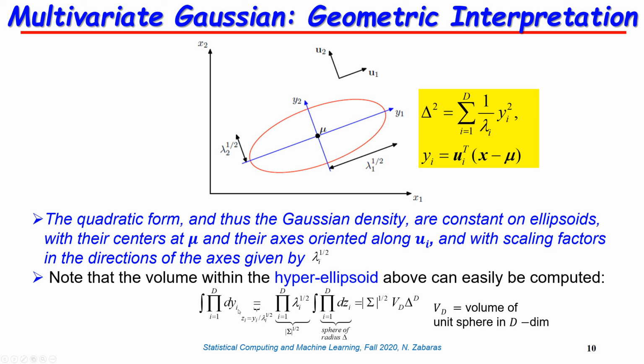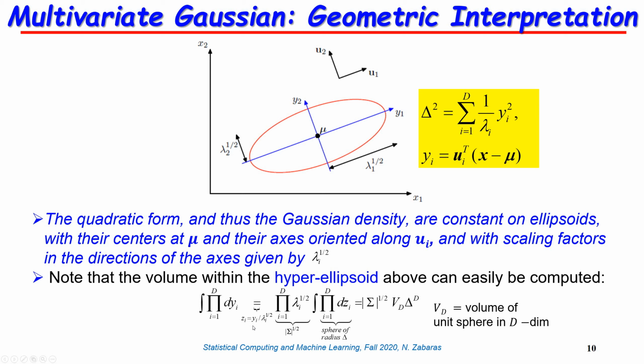In the y coordinates, this will be the volume of the hyperellipsoid, and if you do a transformation from y to some new coordinates z, where z_i equals y_i divided by the square root of lambda_i, you're going to have to change the integration.